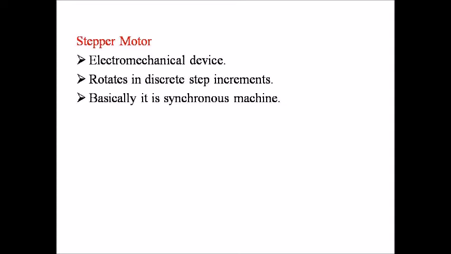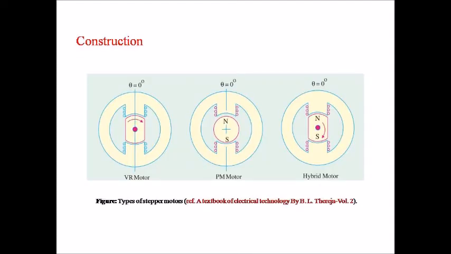So when we talk about precise positioning of a stepper motor, we use smaller step angles, which give higher resolution. Stepper motors are also called synchronous motors since the rotation of the shaft is in synchronism with the applied train of pulses.